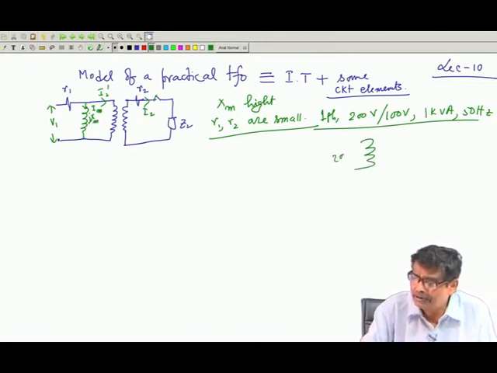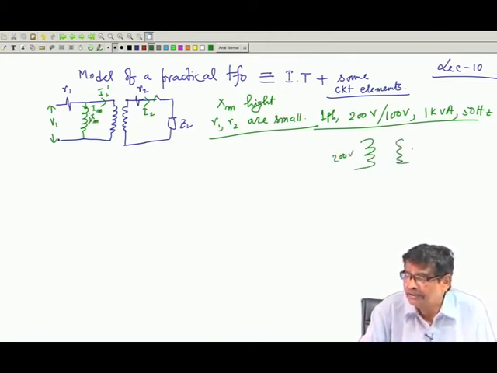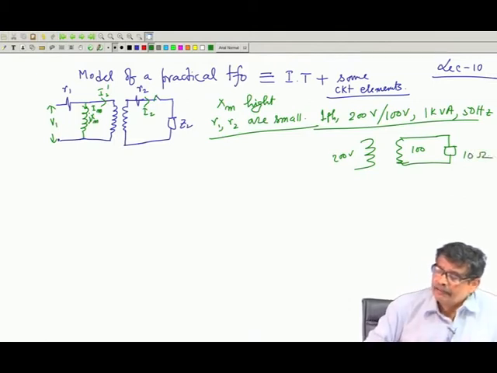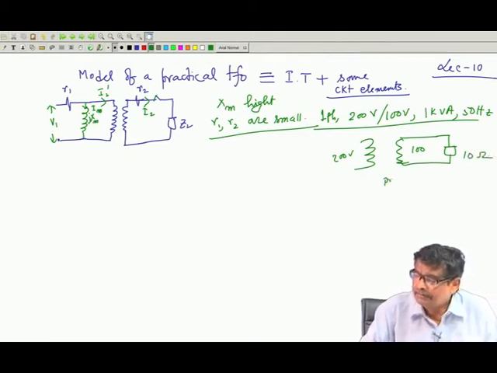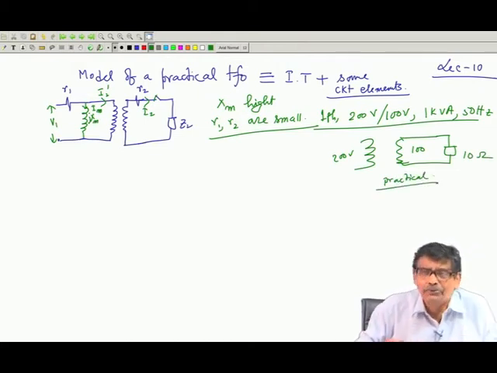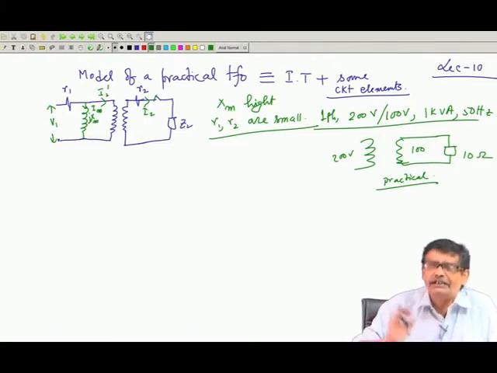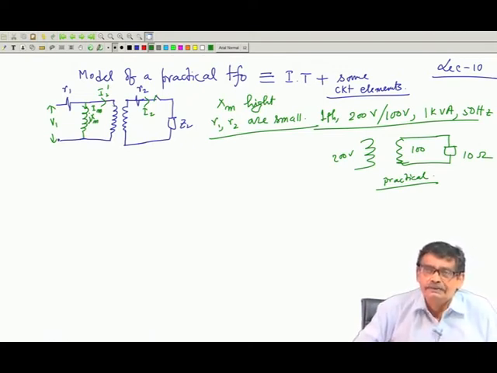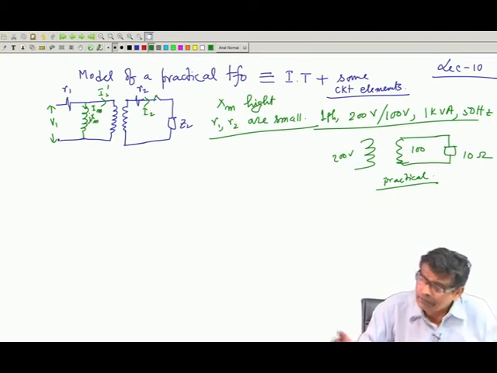You apply 200 volt here, and you connect an impedance, say 10 ohm. It is a practical transformer, but suppose you want to quickly calculate, assuming this transformer to be ideal, because after all R1, R2 are small, Xm is high, and then calculate the currents.